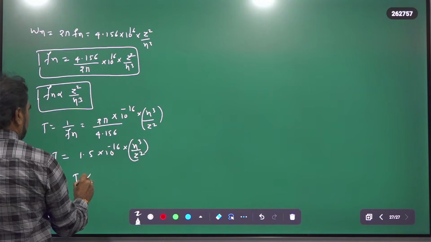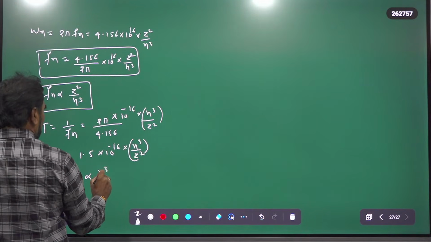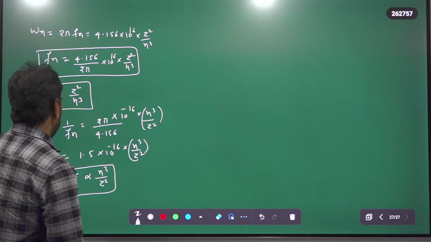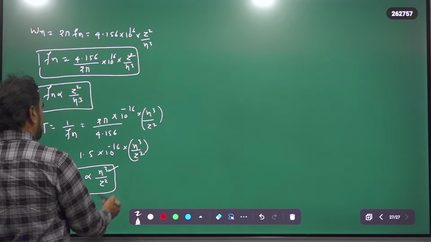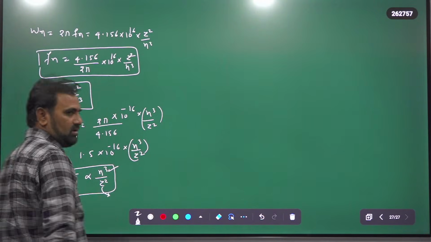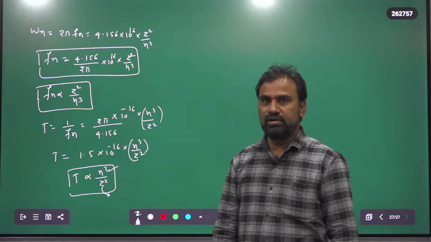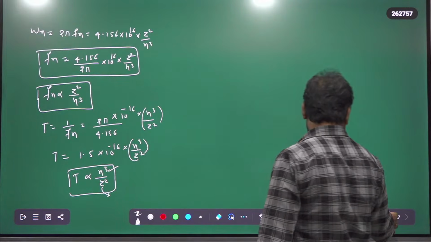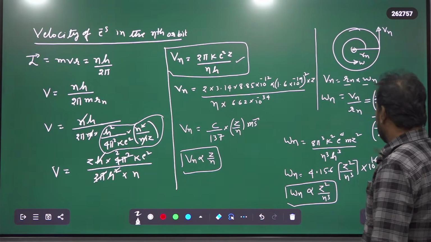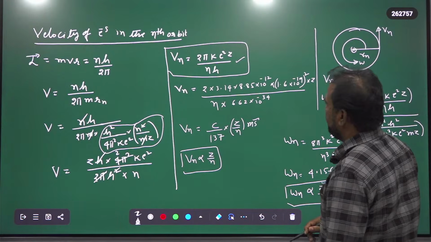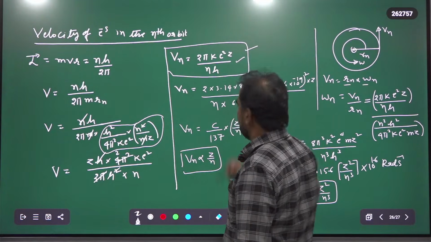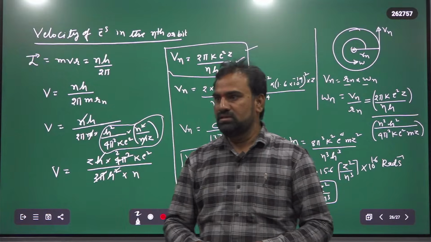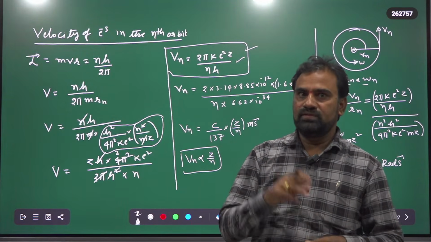From this, the time period is directly proportional to n cube upon z square. This is the relation between time period, the nth orbit, and the atomic number of the hydrogen atom. Okay, is it clear? This is the frequency and this is the time period, this is the angular velocity, this is the velocity, and this is the radius of the nth orbit. These are the different parameters applicable when an electron revolves around the nucleus.